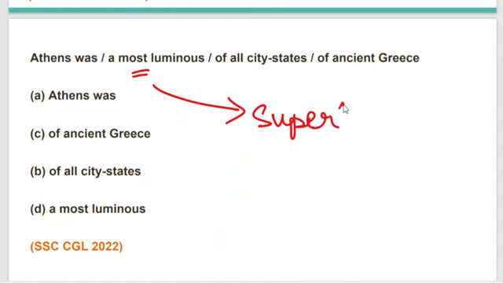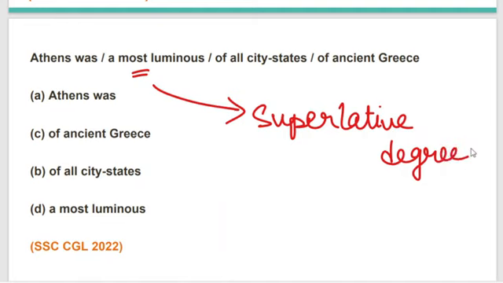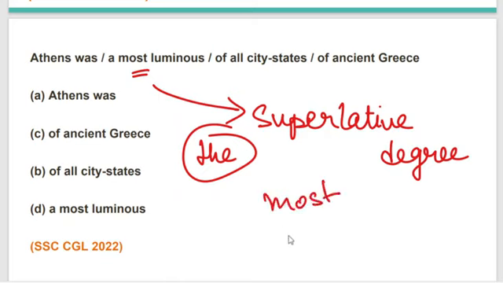I hope you all remember that in the first class on articles I told you that whenever we are placing any superlative degree, we have to use the definite article "the" before it. It can be any superlative degree: most, best, fastest, tallest, worst, anything.